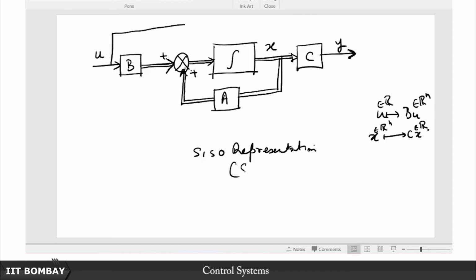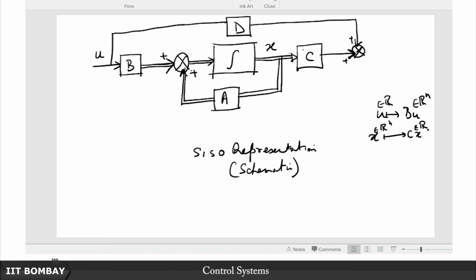This is just a schematic, and you will see that if you follow this schematic then you will be able to get exactly the state space equation. So in that case of course you will have to have a summer here that is added. So let me remove this y from here, because in that case you will have this y here. So this is basically it.